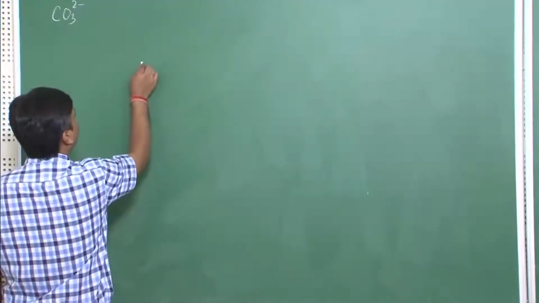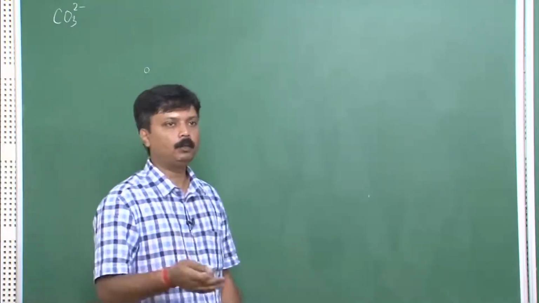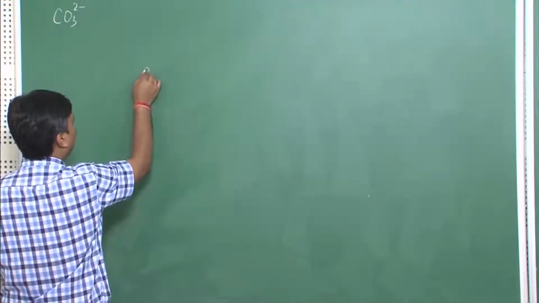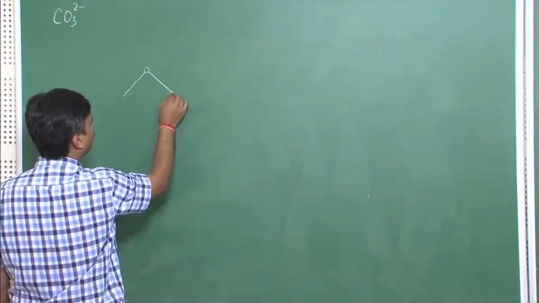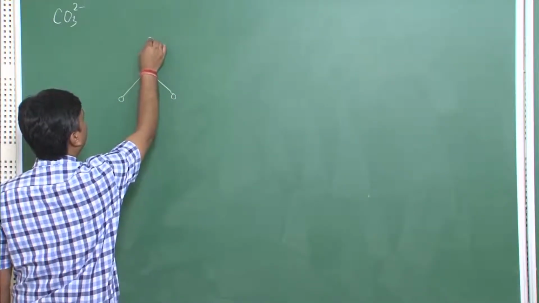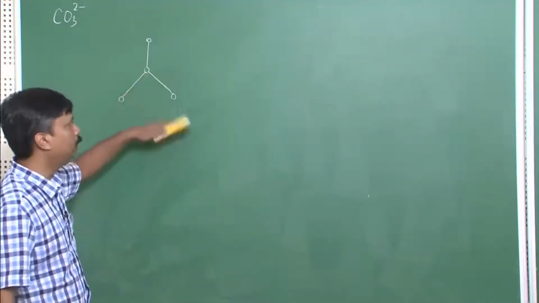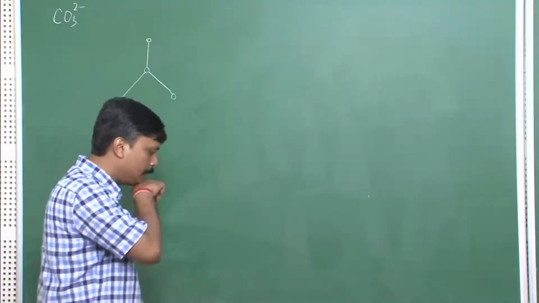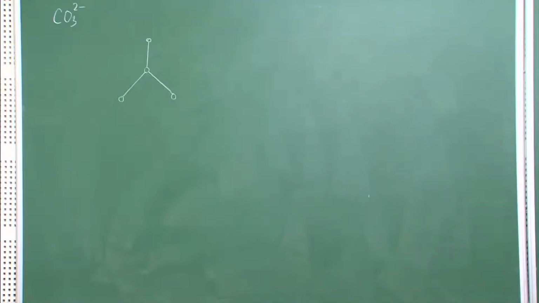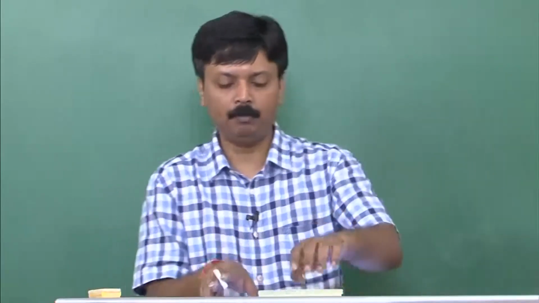So if I represent this carbon and oxygen by these circles, then I can take this to be my carbonate ion. Okay. So the central part is the carbon and then 3 oxygens are there. So I will have total how many? There are 4 atoms, so 4 into 3 is 12 minus 6. So I will have 6 vibrational degrees of freedom.